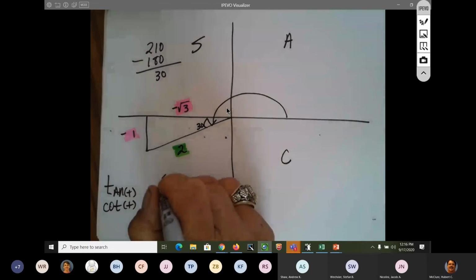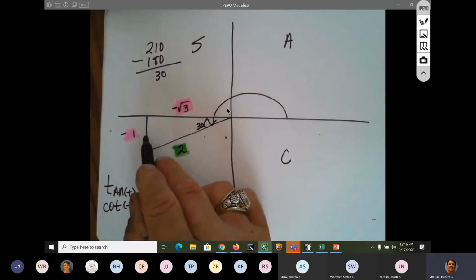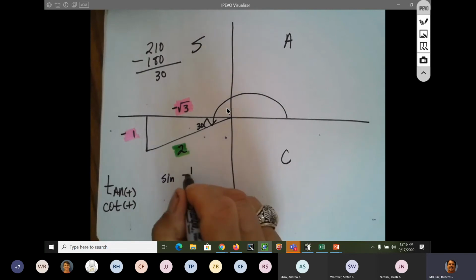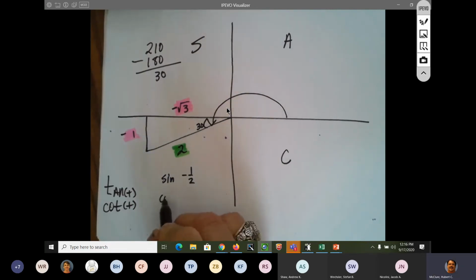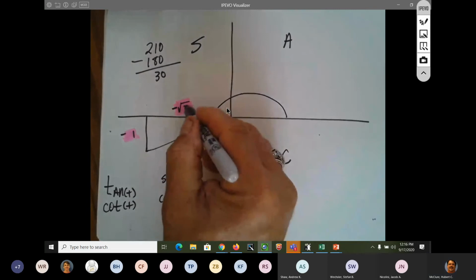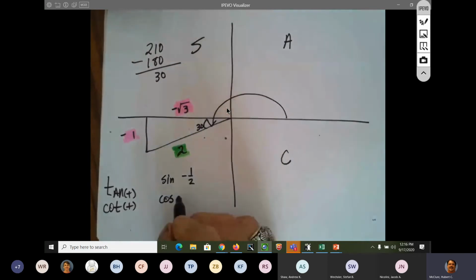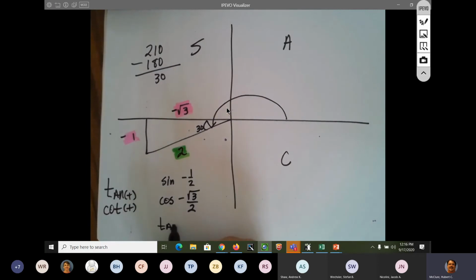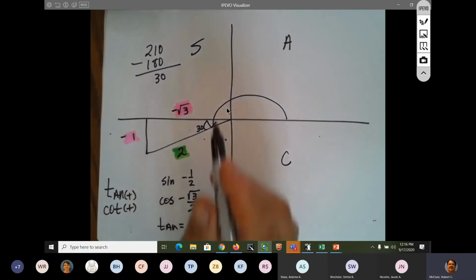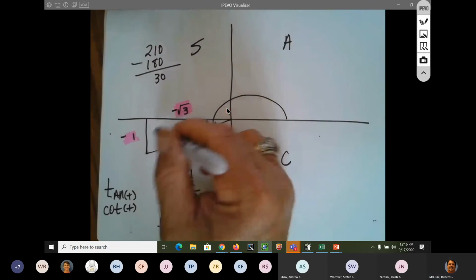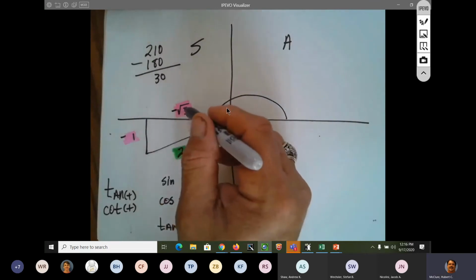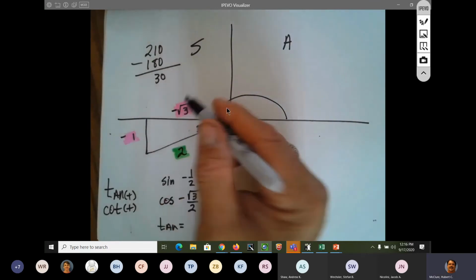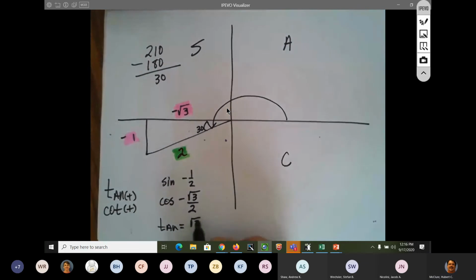All students take calculus. So let's see what we got. Sine is negative 1 over 2. Cosine is negative square root of 3 over 2. Tangent is going to be negative 1 over negative square root of 3, which is positive, which is square root of 3 over 3. And of course, you could flip them over.